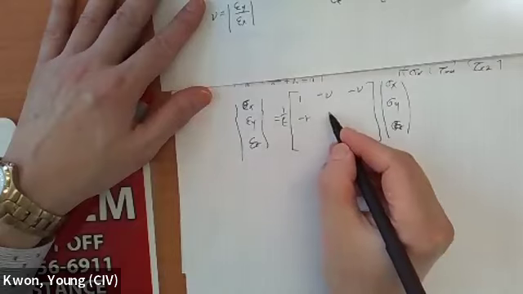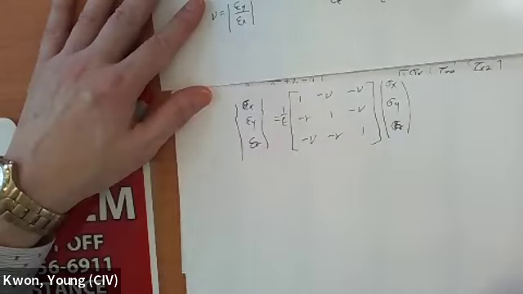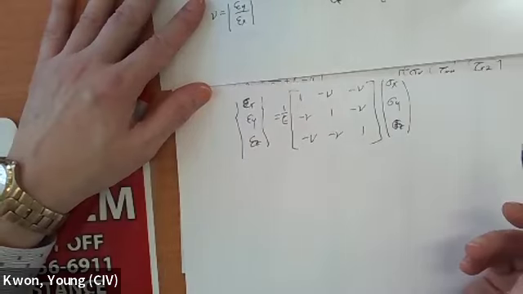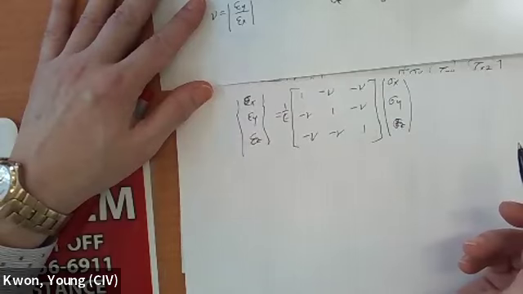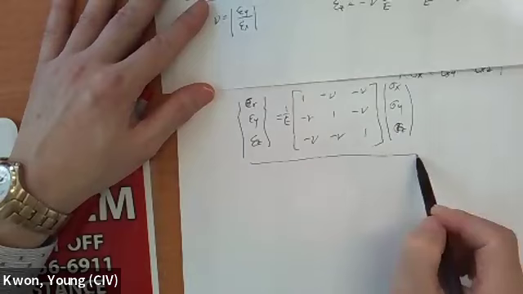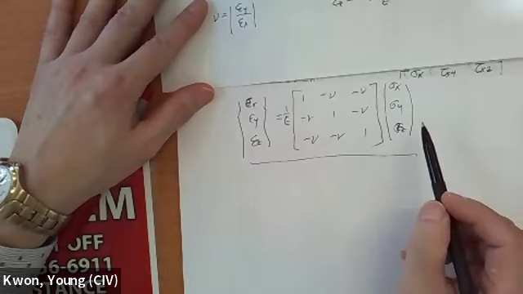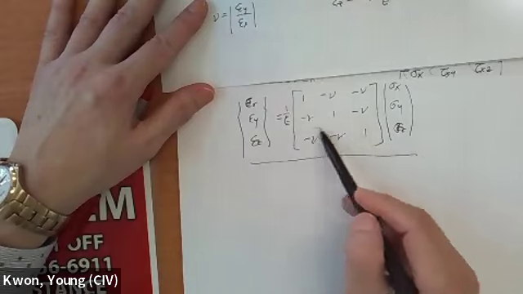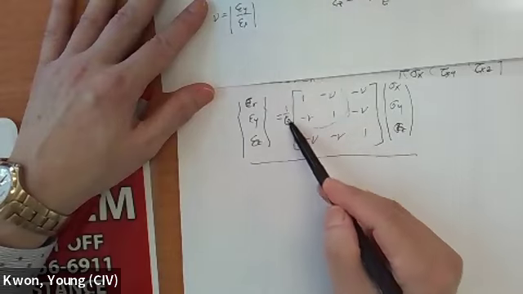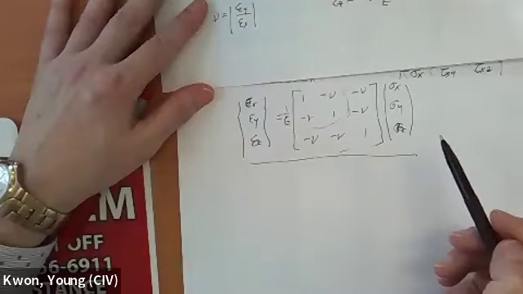And nu, 1, negative nu, 1. Have you seen this kind of expression before? If this is going to be 2D, then of course we are looking at only this 2 by 2 component, right? Those are ignored. And 3D like that.